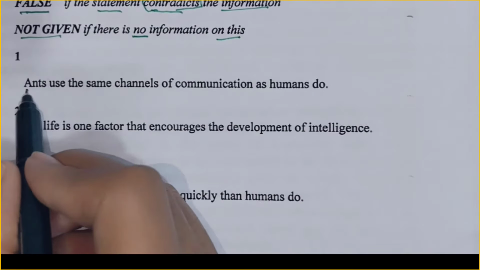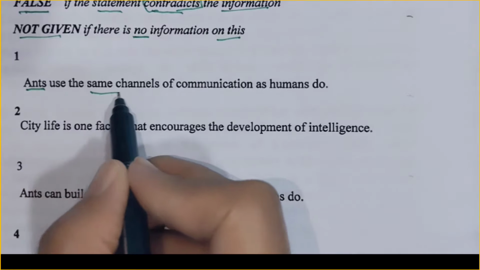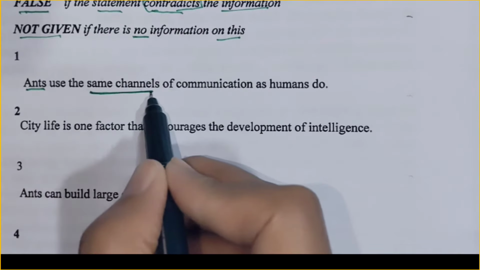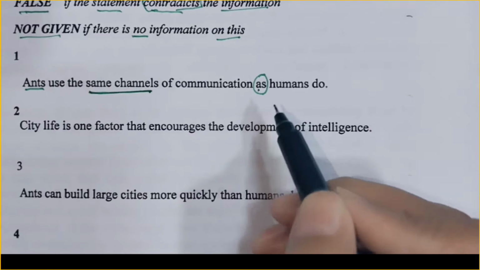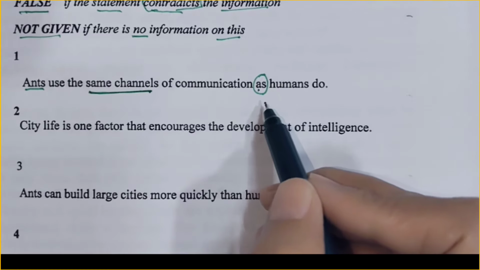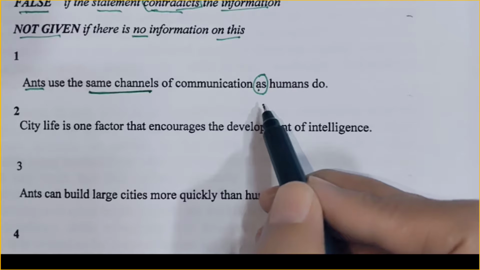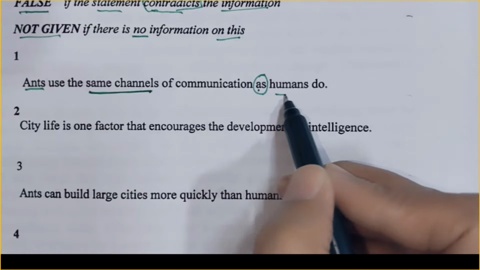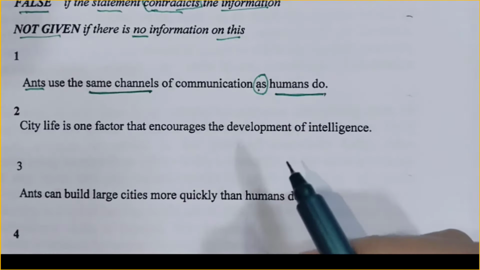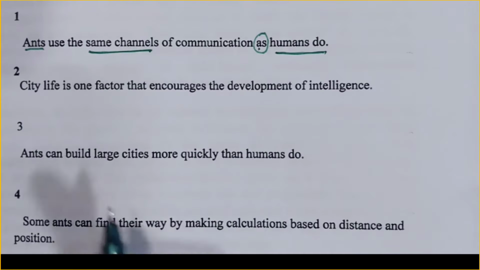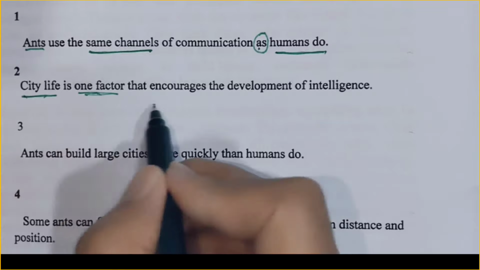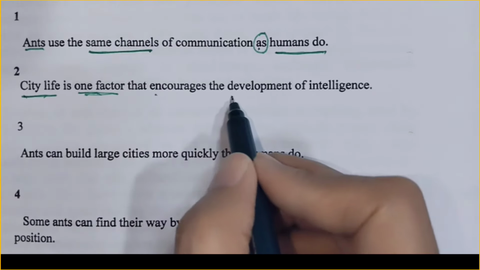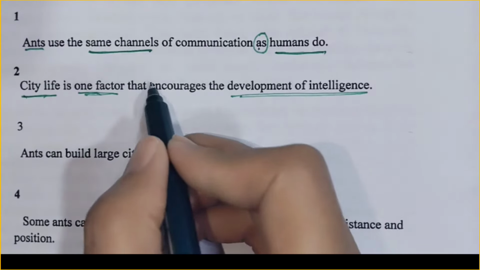Question number 1: ants use the same channels of communication as humans do. These types of words are very important in true false not given: as, then, some, most, all, a few. Second, city life is one factor that encourages the development of intelligence.